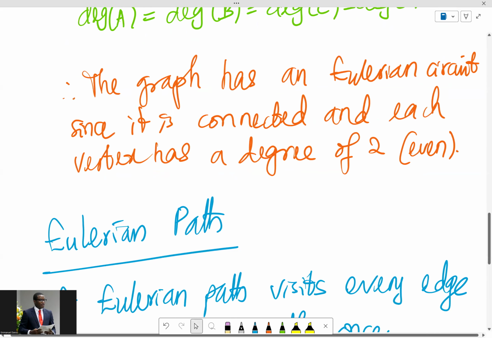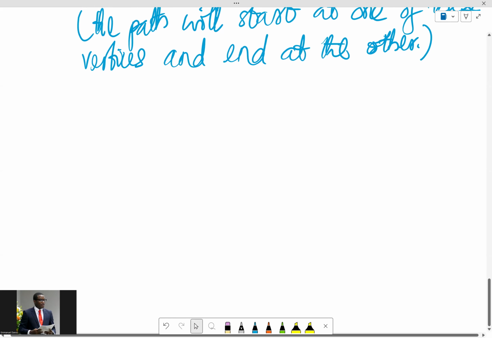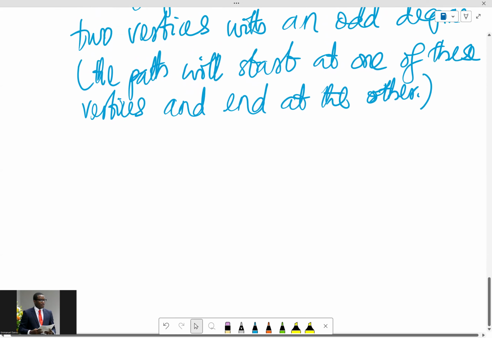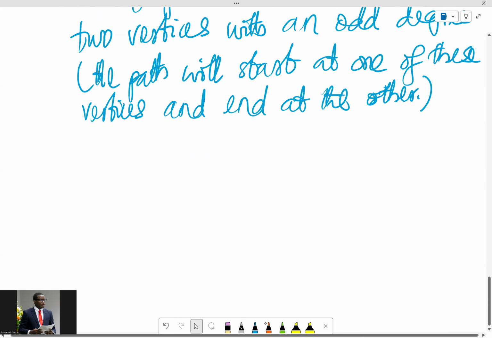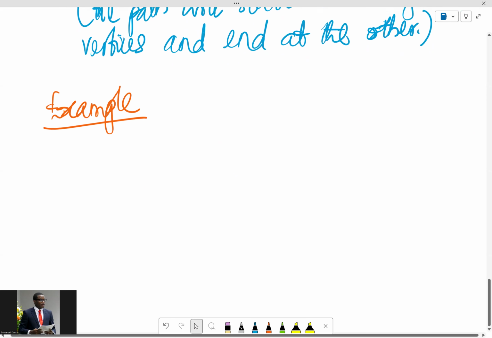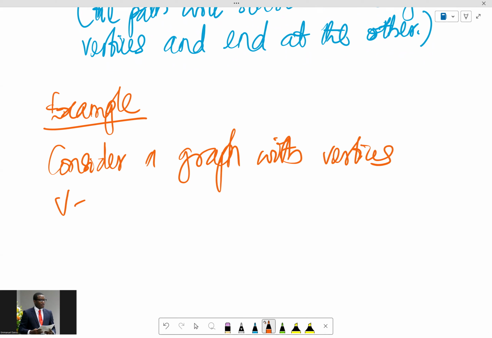Now, if you look at what we had as a circuit before, in this case we can consider that maybe one edge of what we had in the circuit is removed. So let's just take that example. Consider a graph with vertices V, which is a collection of A, B, C, and D, and edges.